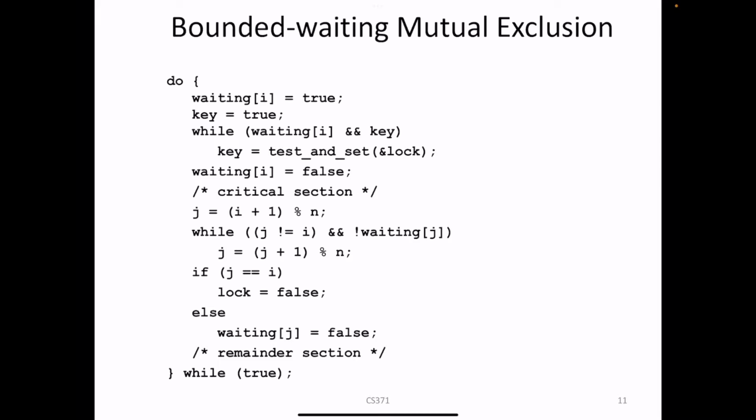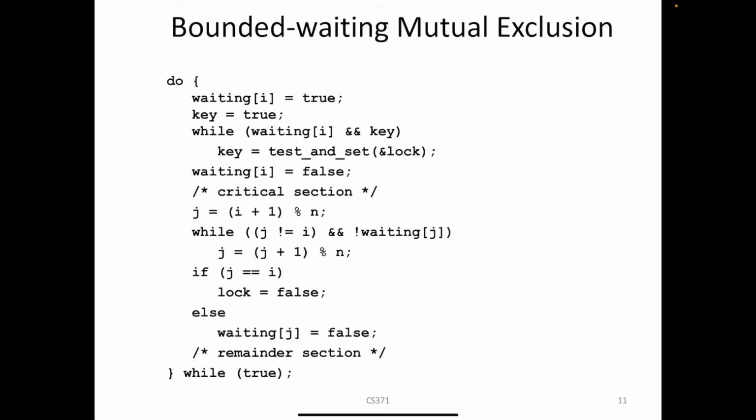To achieve this, we surely need other variables. For example, we use a global variable, a waiting array, to record whether the process indexed at i is waiting or not. For illustration purposes, we use two processes, P0 and P1.